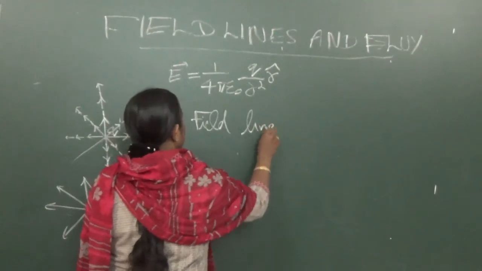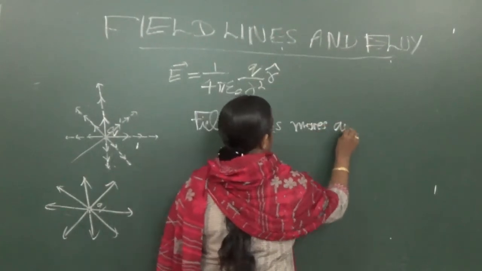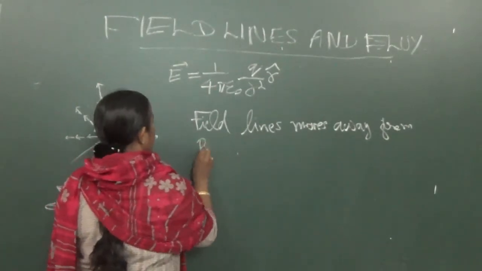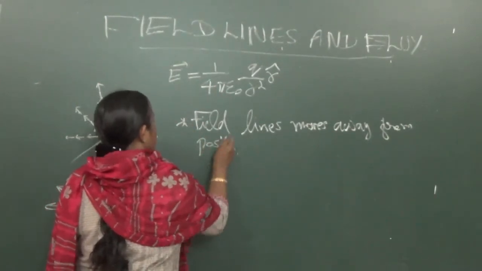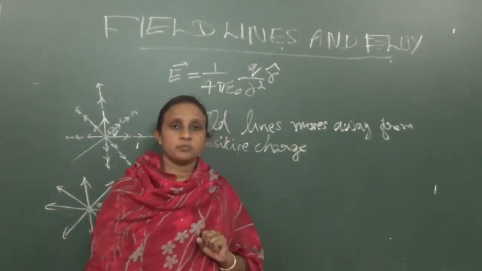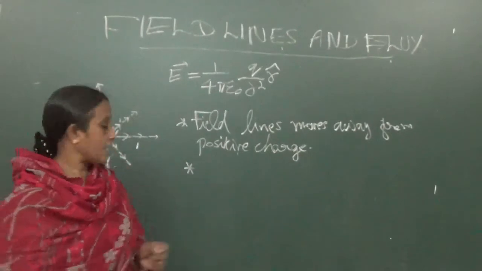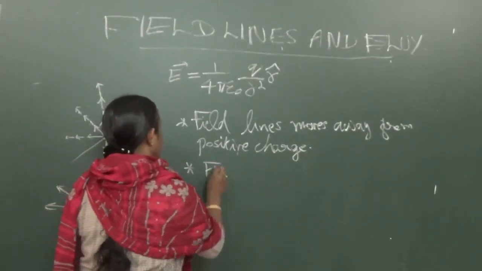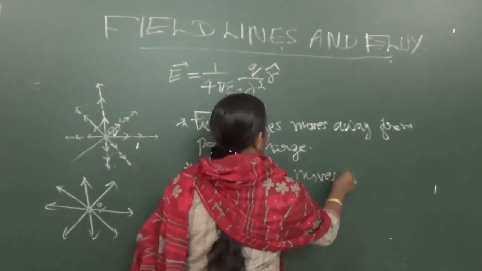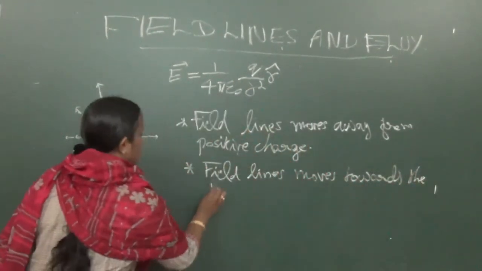Field lines move away from positive charge, and field lines end on negative charge. Okay, field lines move towards the negative charge.